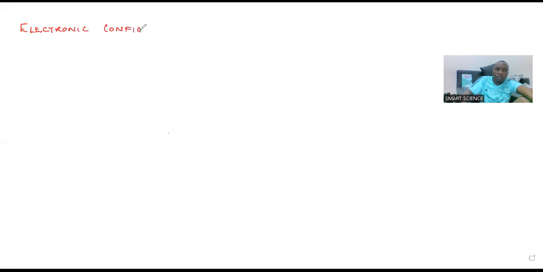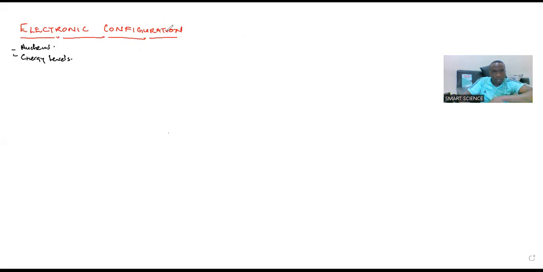How to write an electronic configuration of an element. And like from last time, we had agreed that if you want to look at the structure of an atom, there are two basic parts: each atom has a nucleus and it has what we call energy levels.